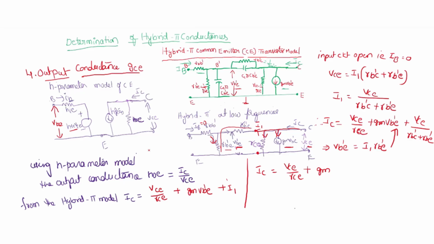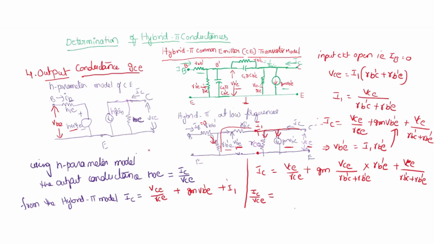We have already I1, so directly substitute I1: VCE by RB dash C plus RB dash E, into RB dash E, plus VCE by RB dash C plus RB dash E. Now divide the entire equation by VCE.